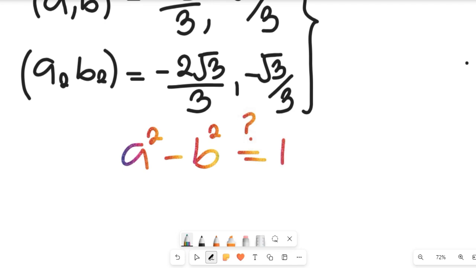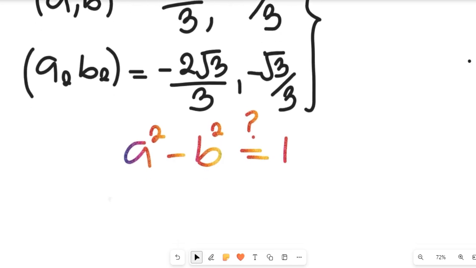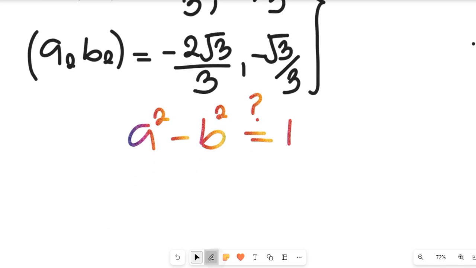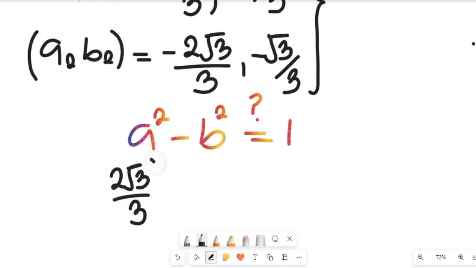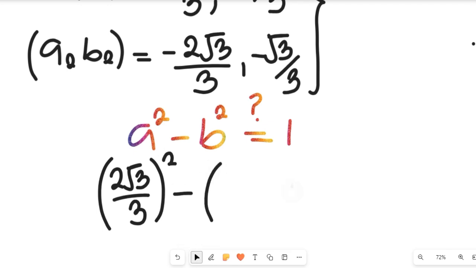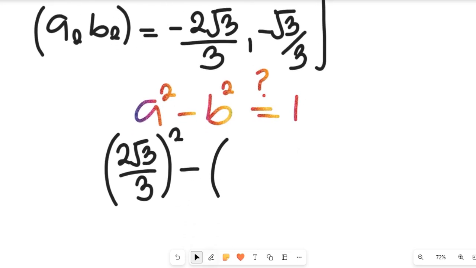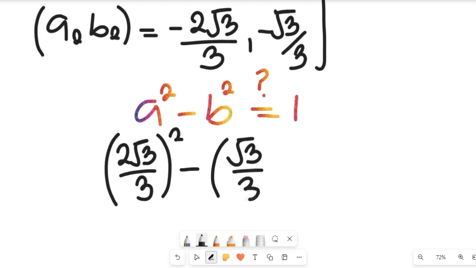So from that expression, A is equal to 2 root 3 divided by 3, all squared, and when we subtract B, which is root 3 divided by 3, squared, is it going to give us 1?